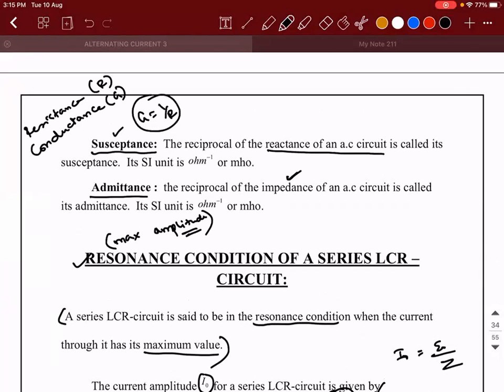G is the reciprocal of R, 1 by R, right? In a similar way, if you talk about the reciprocal of reactance, then that is called as susceptance. If you talk about the reciprocal of impedance, that is called as admittance. And both of these physical quantities will have the same unit, ohm inverse. Ohm inverse is also written as mho. This is just the reverse of ohm.